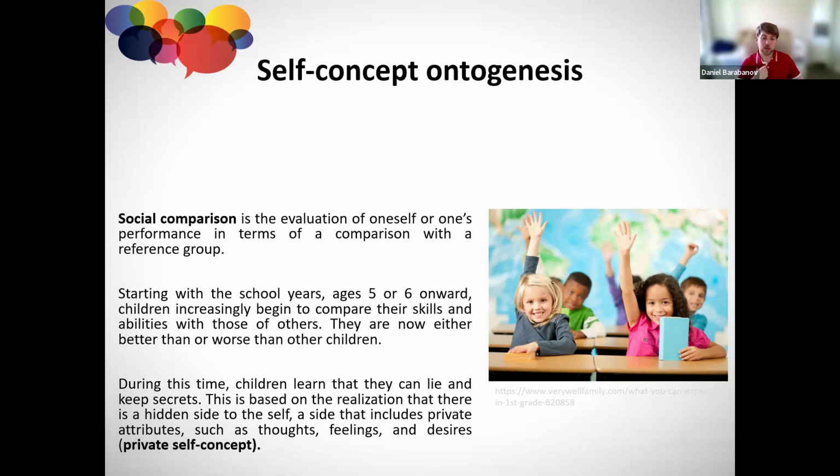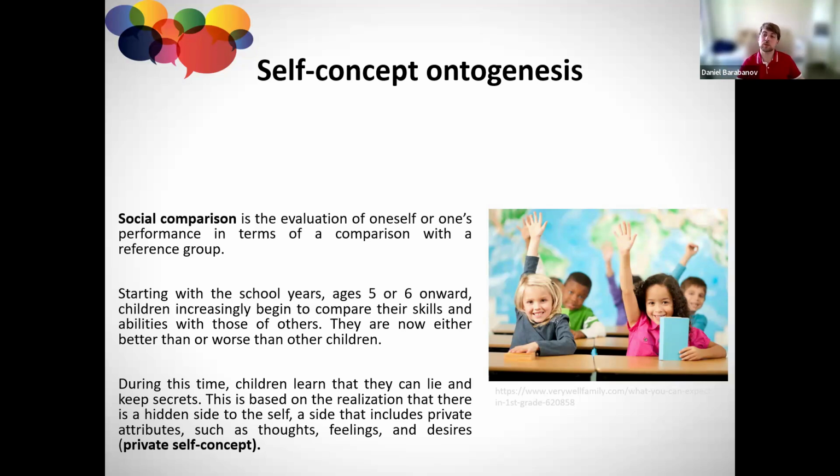Private self-concept is attributes of yourself, characteristics of yourself, which you do not want to present to other people. You just know it about yourself, but do not necessarily share it with other people.